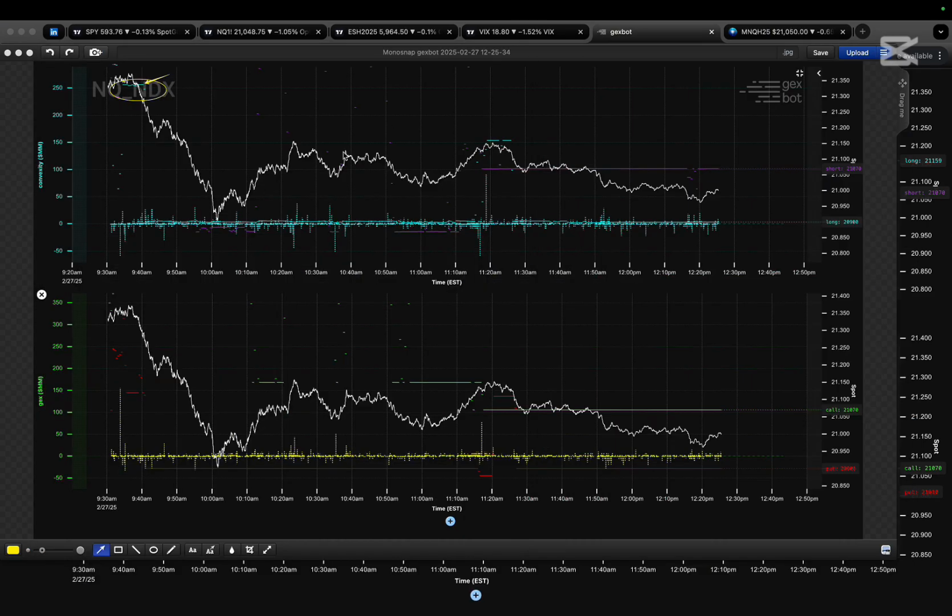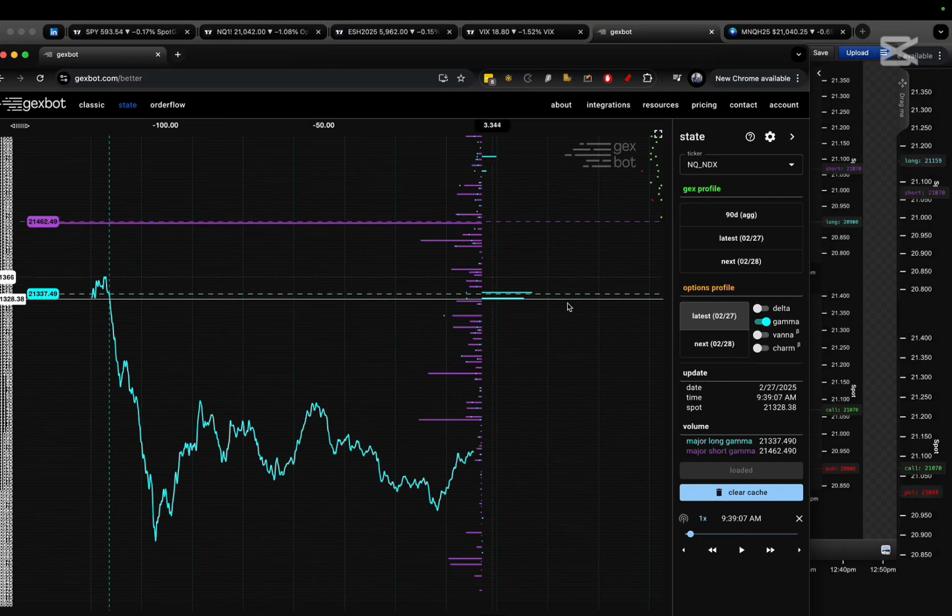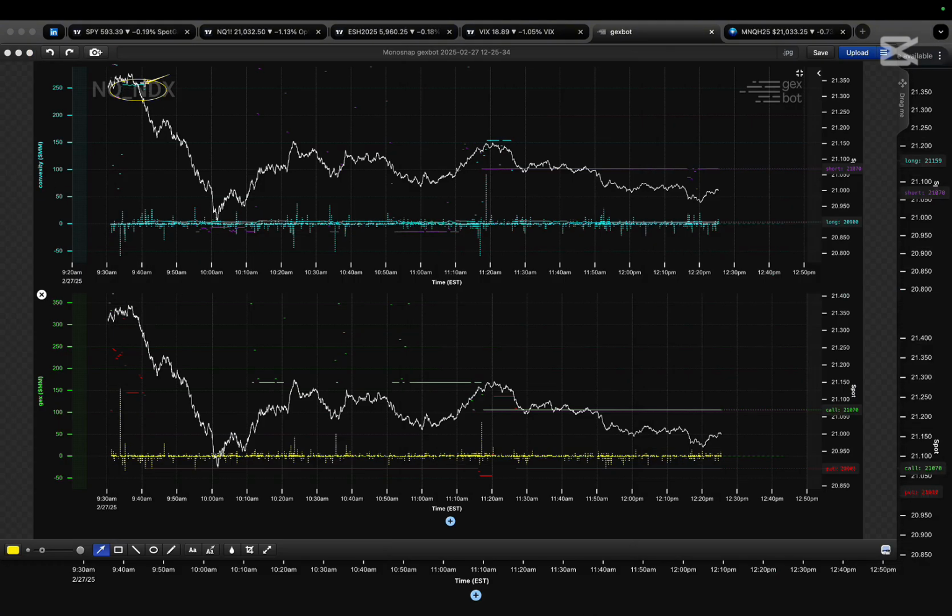So again, this is order flow, options profile, sorry. And we can see that positive gamma coming in. Then in options profile gamma, we see how the price looks. These two bars here, which are the excess of positive gamma, we see in order flow here, right?